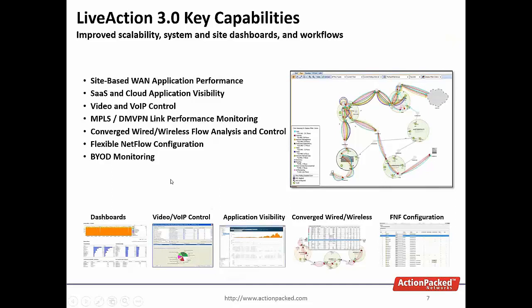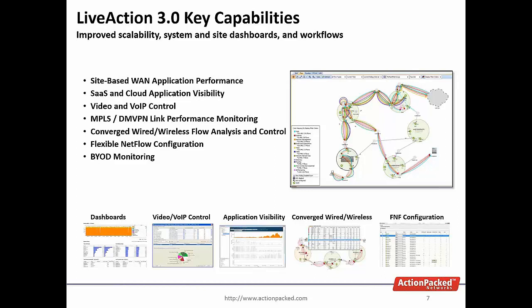With the 3.0 release that we'll be looking at today, we've improved scalability, system and site dashboards, and workflow to make it easier to monitor and troubleshoot problems in the network. Site-based WAN application performance has been enhanced, as well as cloud application visibility.